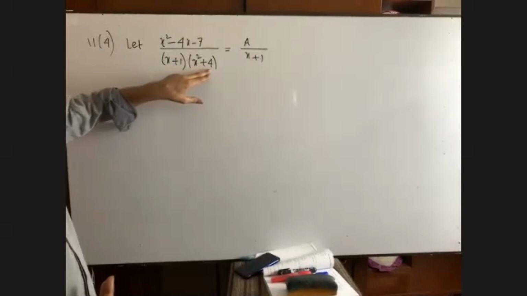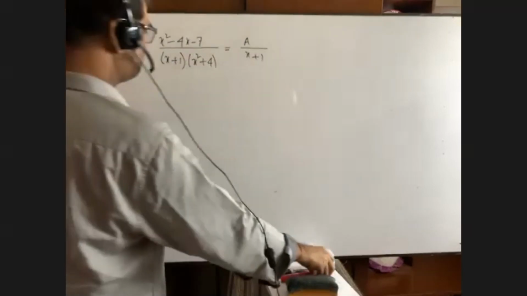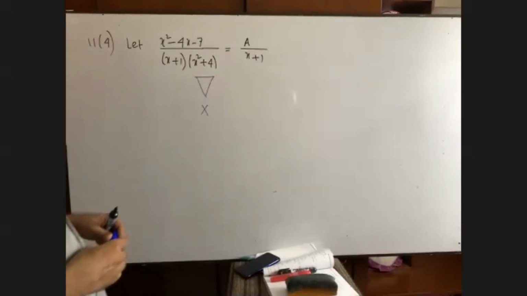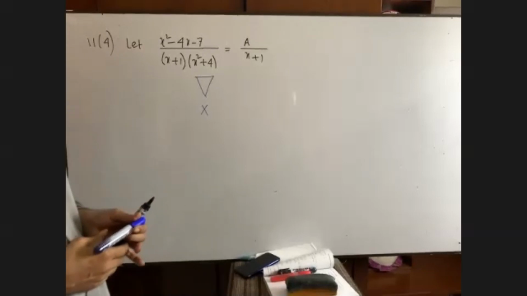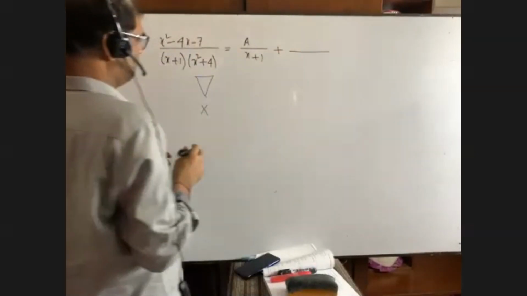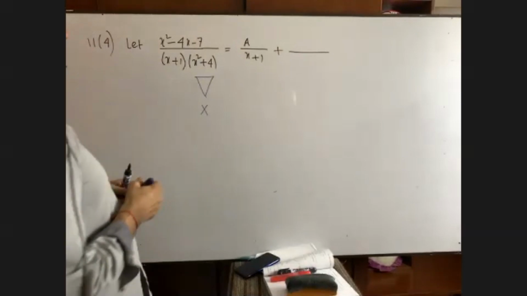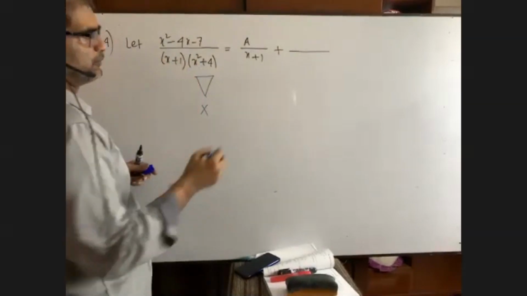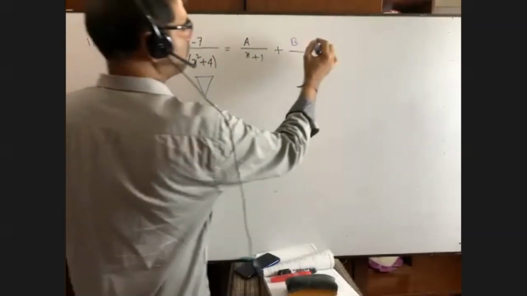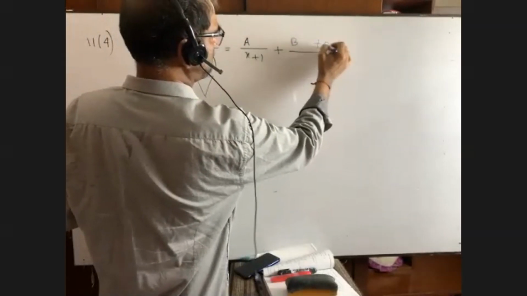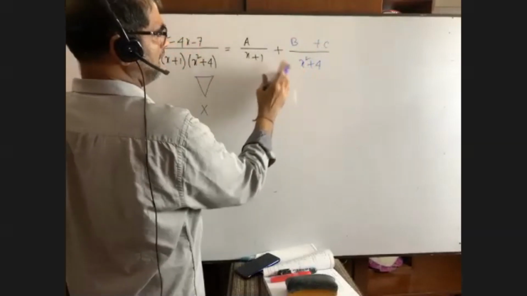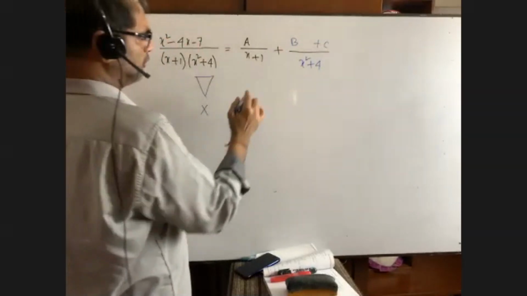Can we factorize x squared plus 4? No, sir. I showed you that it is impossible, because it does not exist in the real numbers. The degree is 3, so there will be 3 unknowns. We would get 2 factors as the power is 2, so I have to take 2 unknowns for x squared plus 4.